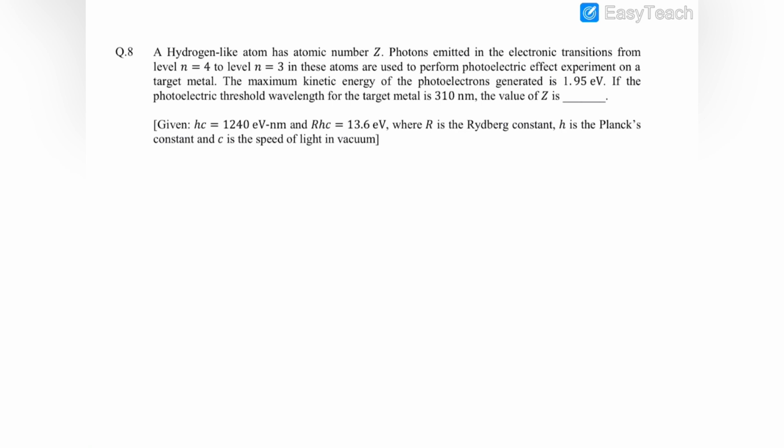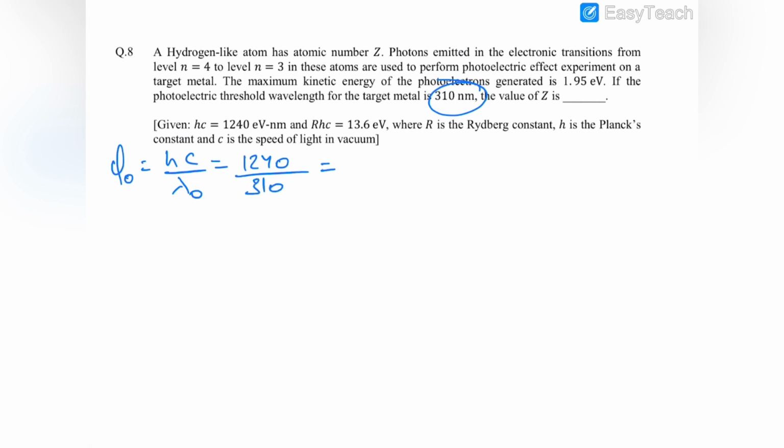So first of all, we can see that the transition is occurring from 4 to 3, and the work function phi naught would be hc by lambda naught. hc is 1240 eV nanometer, and this threshold wavelength is 310 nanometer.